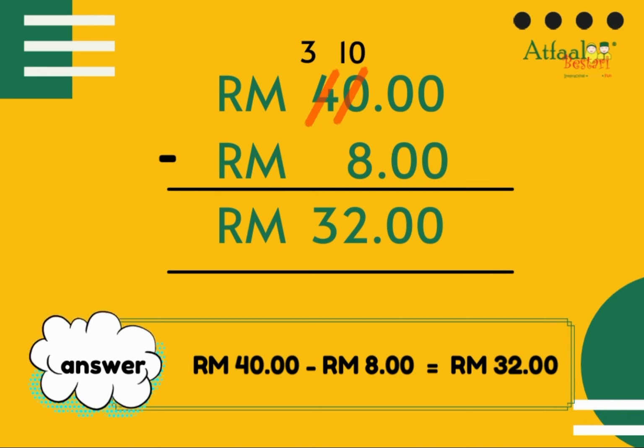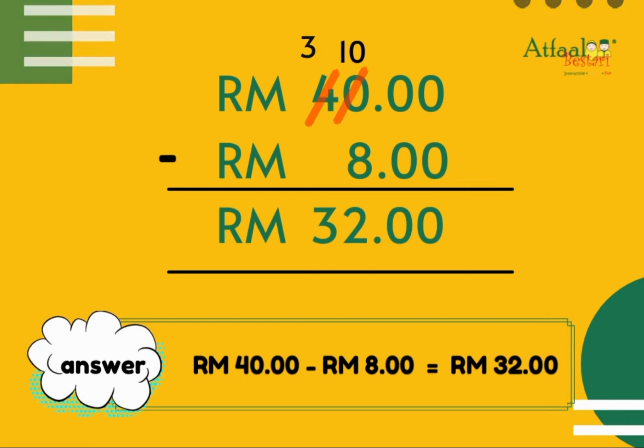Then on the ringgit side, 0 minus 8, you need to borrow from number 4. So 0 will be 10, then 4 minus 1 equal 3. So that 10 minus 8 equal 2. 3 minus no value equal 3. So the answer is 32 ringgit.